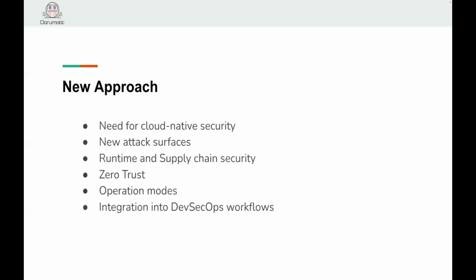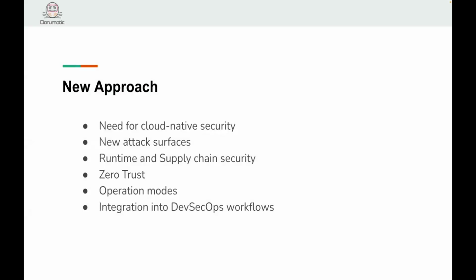So we are going to be talking about the new approach. Why cloud native environments need a new approach to security. It used to be the case that just a firewall would be enough. No, this is no longer the case. There are many more attack surfaces that we need to secure.